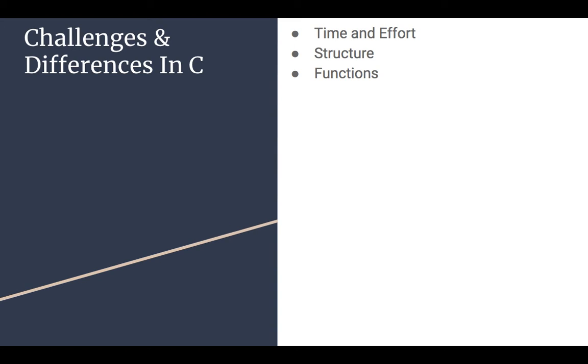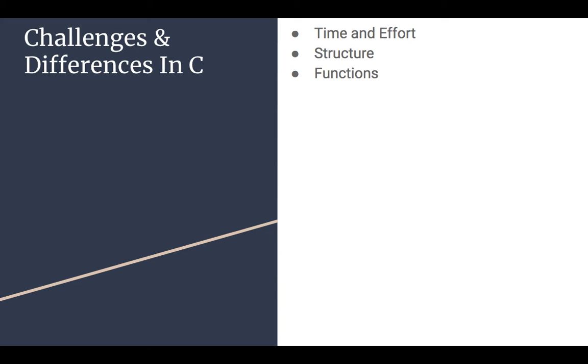Challenges and differences in C. When creating the binary search tree in C, it took me a lot more time and effort to figure out how to do certain things because it is a little bit more tedious to code in C than Java.